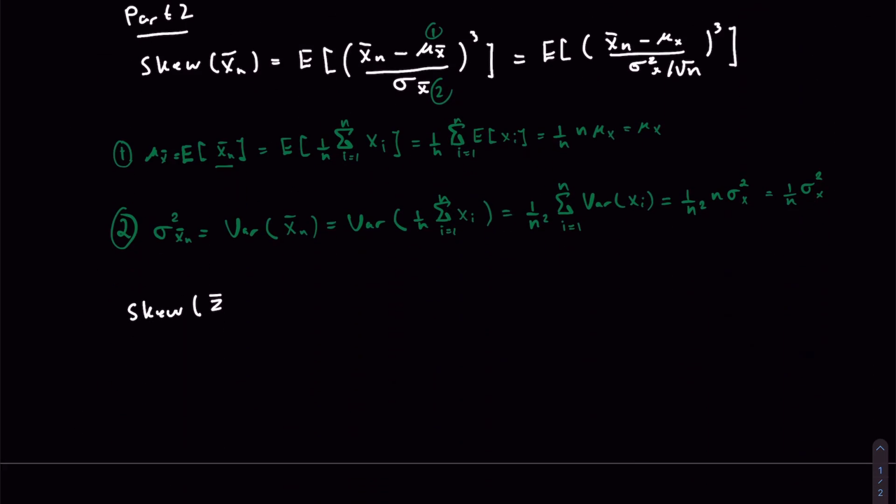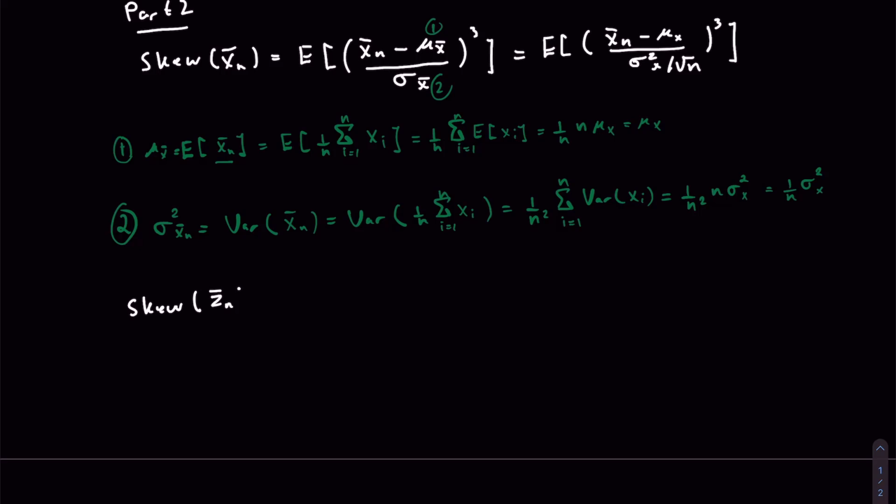And then by definition, again, the skewness is the expectation of z n minus mu, and now it's the right mean there, it should be mu z, of that sample standardized mean.